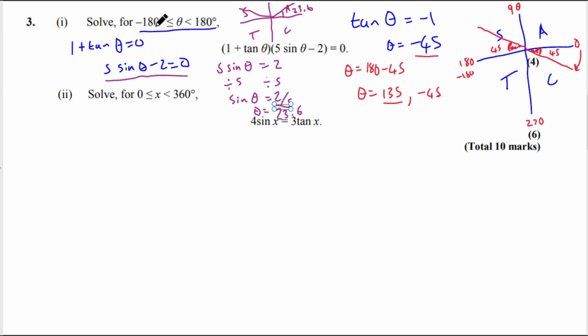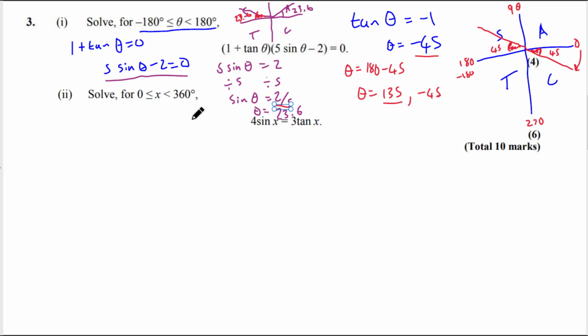So between 0 and 1, minus 180 and 180, the next point is here. And remember that's 23.6 as well. Remember the symmetry of the graphs.